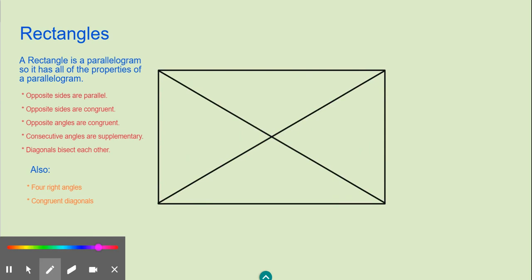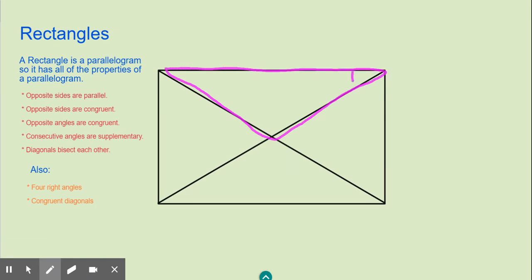All right, one last thing. Now, because we know that we have a bunch of isosceles triangles in a rectangle, then not only do we have alternate interior angles congruent, but we have base angles congruent. In other words, these two sides are congruent, so their opposite angles are congruent. And the same thing is happening over here because we have two congruent isosceles triangles.